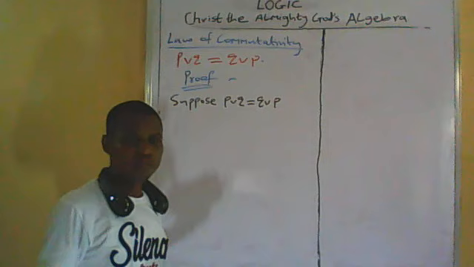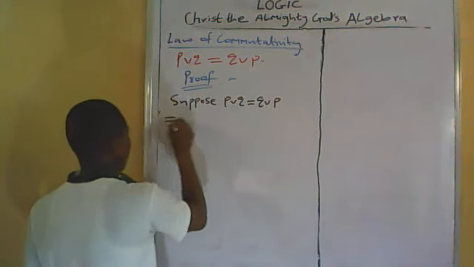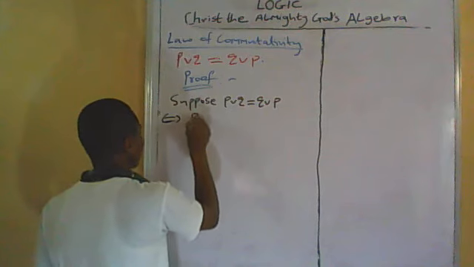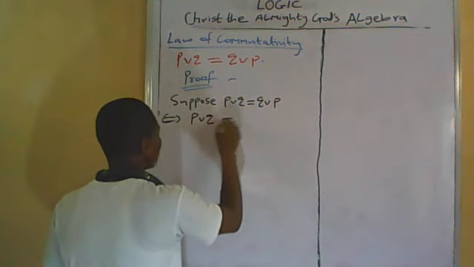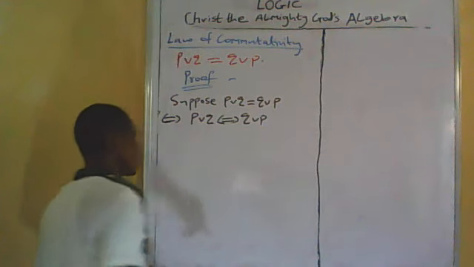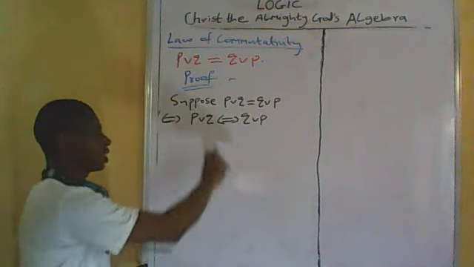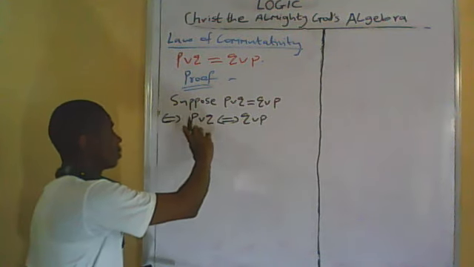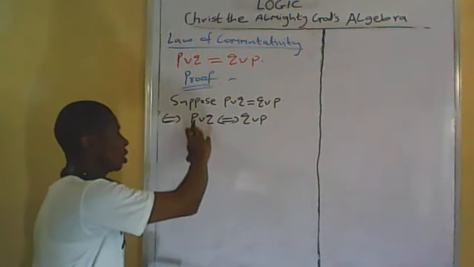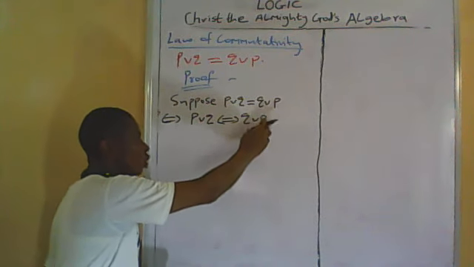a biconditional statement. That is, P or Q if and only if Q or P, since whenever the left disjunct is false, the right disjunct must also be false.